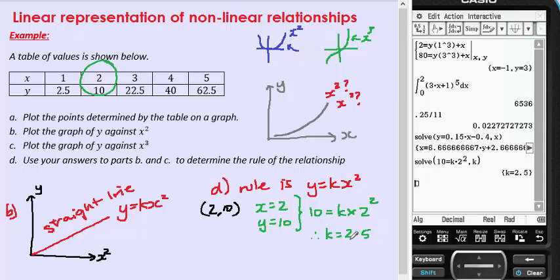So now that I know that k equals 2.5, I know my rule is y equals 2.5x squared.